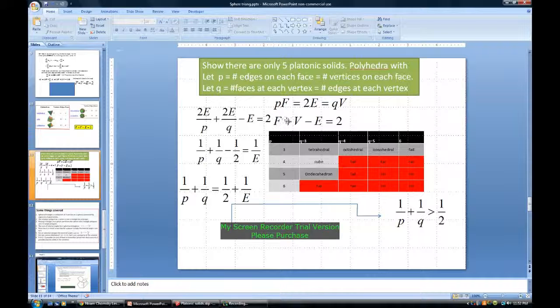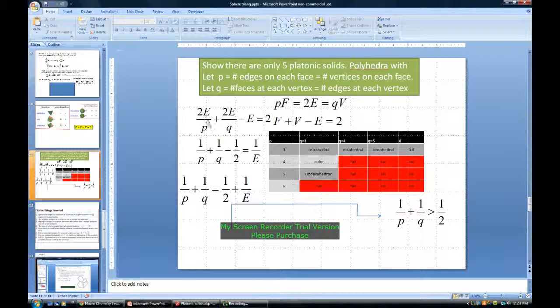Then you can write this equation f plus v minus e equals 2 again in terms of only e, because you can set f equal to 2e over p, and you can set v equal to 2e over q. So then instead of f plus v minus e equals 2, you get 2e over p plus 2e over q minus e equals 2, always, always, always.